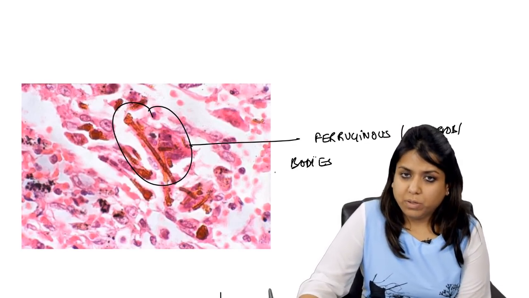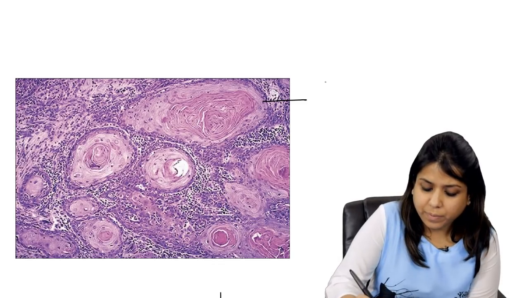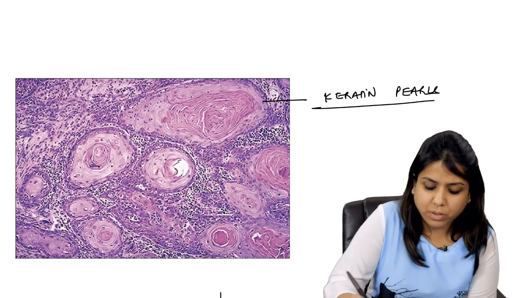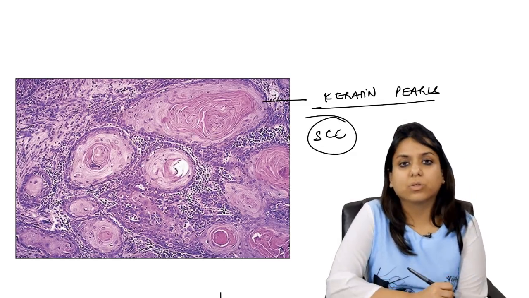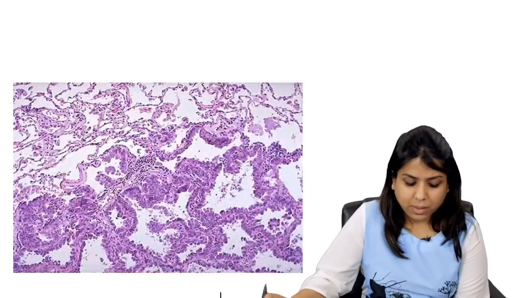A lung tumor showing keratin pearls, right? These are keratin pearls. So any tumor in the body showing keratin pearls is a squamous cell carcinoma. Squamous cell carcinoma anywhere in the body will show keratin pearls.